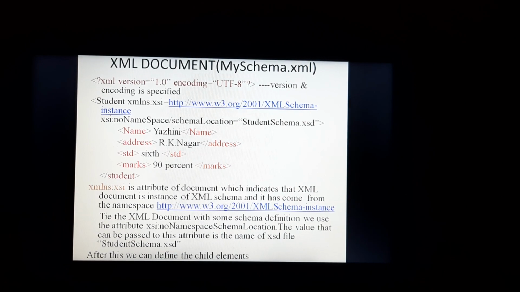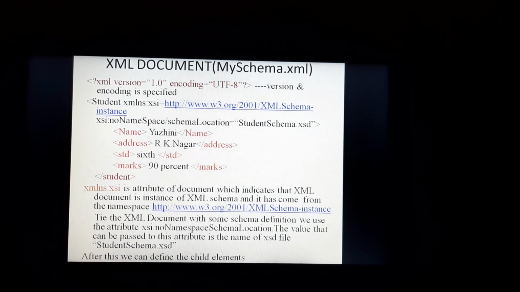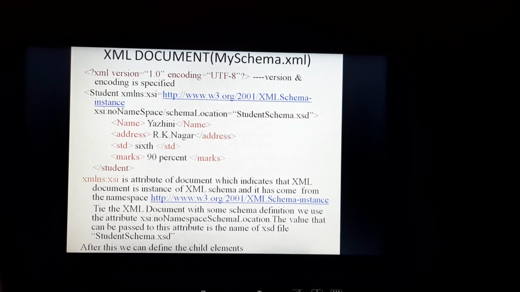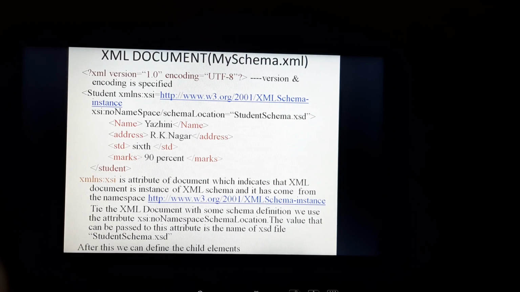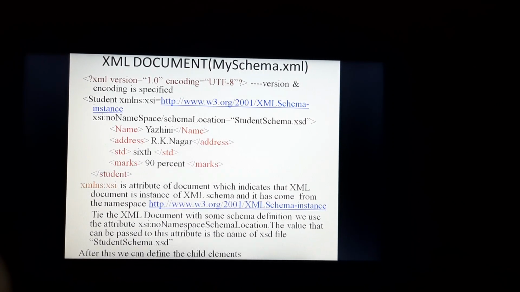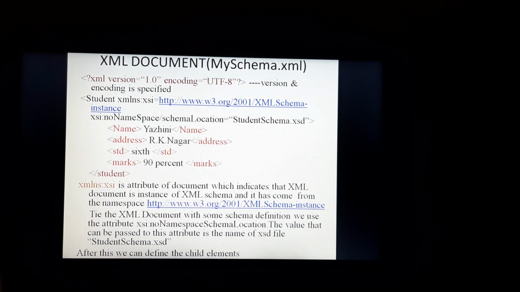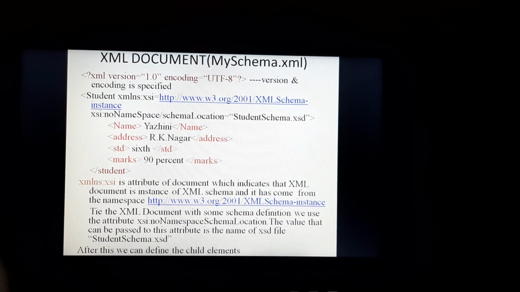It is an attribute of the document which indicates that the XML document is an instance of an XML schema, and it comes from the namespace http://www.w3.org/2001/XMLSchema-instance. Okay. Now we have to tie the XML document with some schema definition.